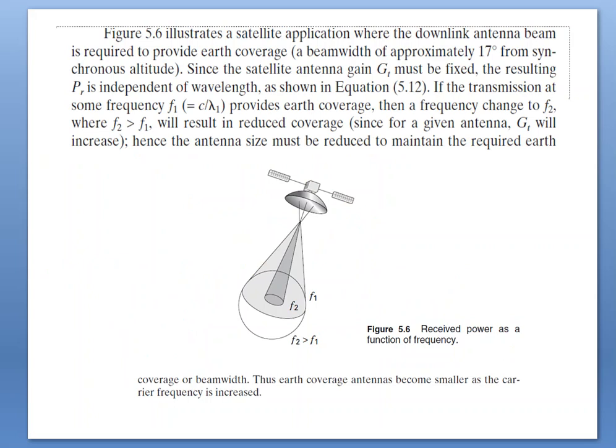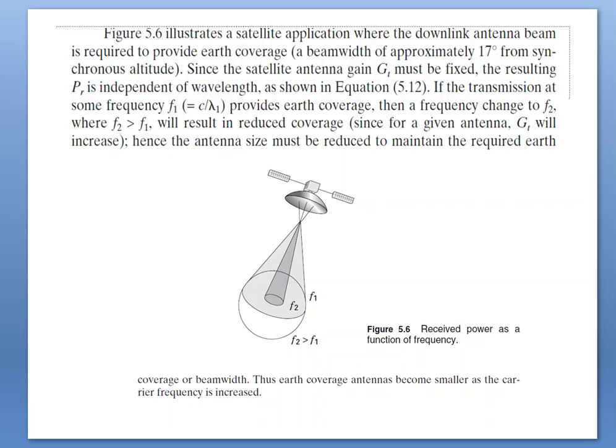The figure explains the state application of a satellite where the downlink antenna beam is required to provide earth coverage, a beam of approximately 17 degrees from the synchronous altitude. Since the satellite gain G must be fixed, the resultant PR is independent of the wavelength, as shown in the above equation.